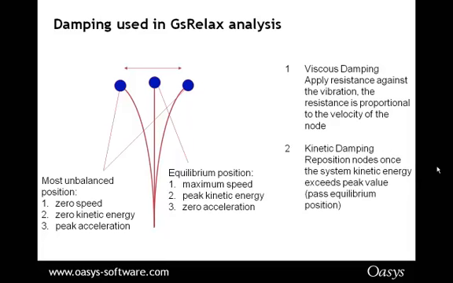Or there's kinetic damping, which works out the position of maximum speed, maximum kinetic energy, and says that's probably the equilibrium position, so it readjusts the coordinates of the nodes to those points, and then reapplies the loads and sees what happens. And either will converge. Sometimes one is better, sometimes the other is better.